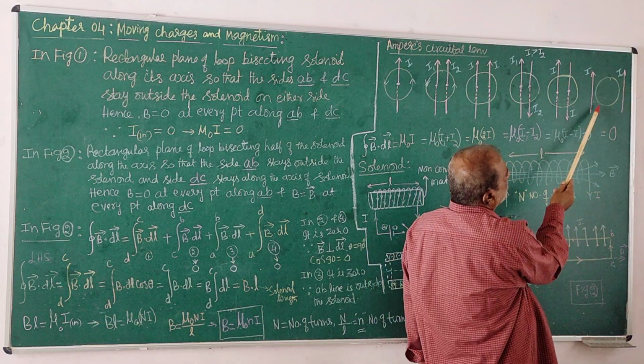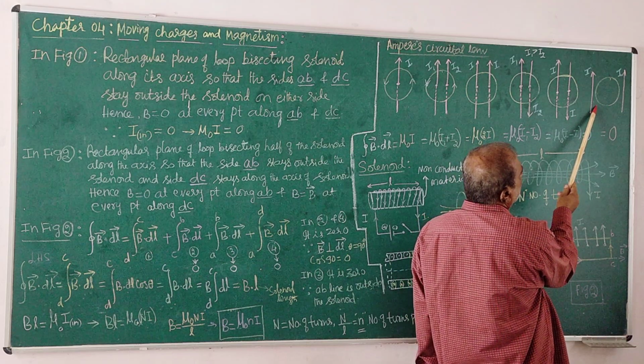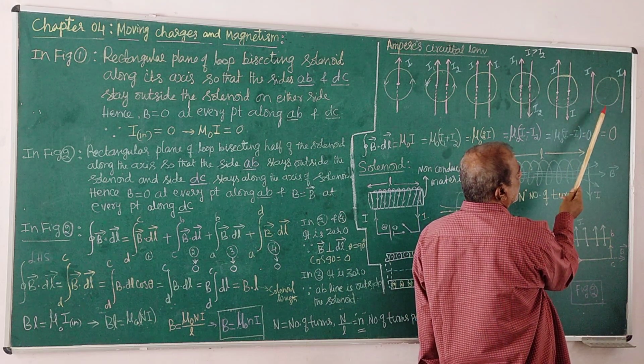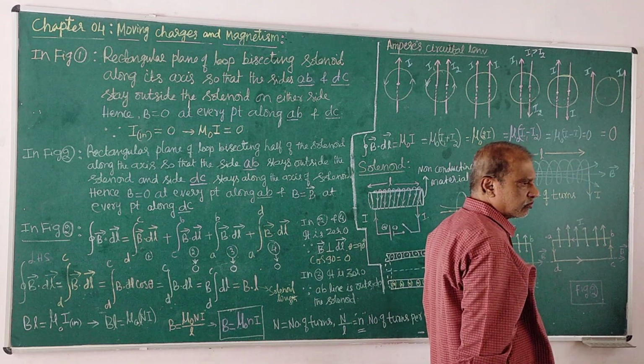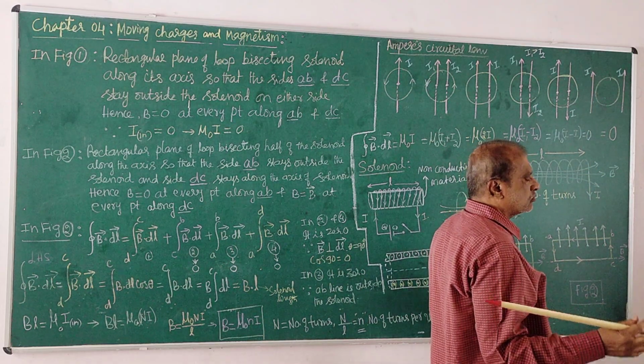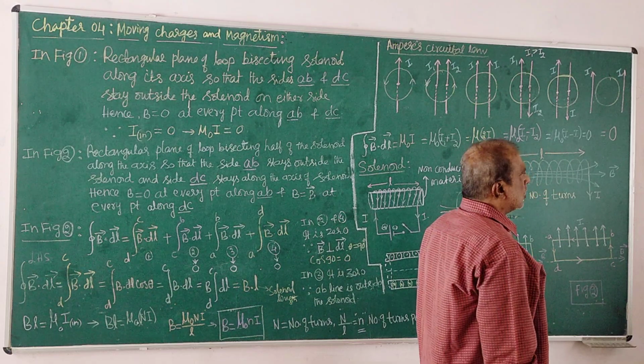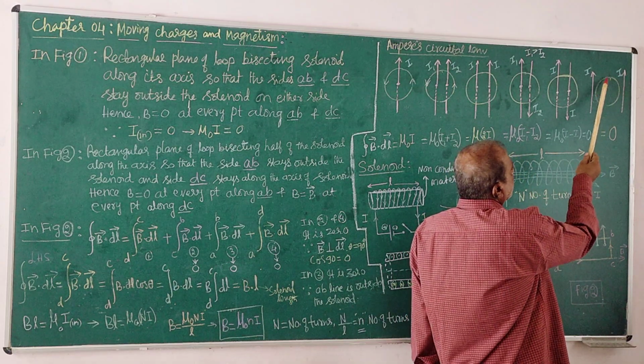This is one different case. Currents are passing, but not through the plane enclosing the loop, but outside the loop. What about the magnetic field over the line?